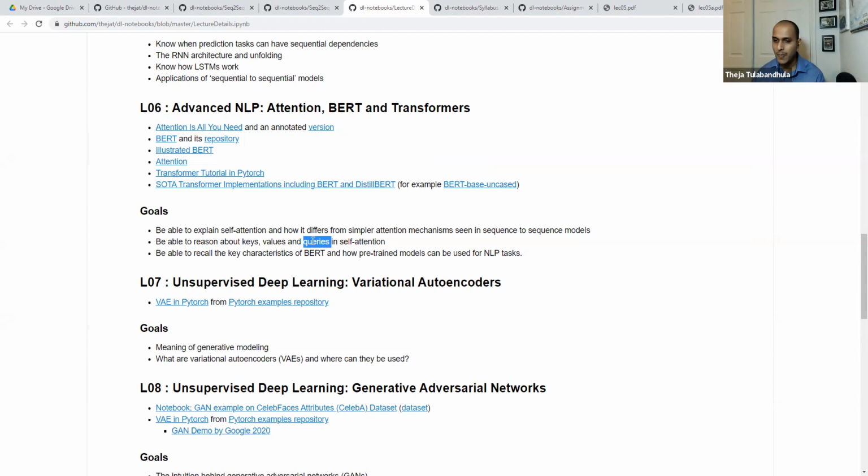Okay, and then we just want to recall there's a popular architecture called BERT. We just want to recall the key characteristics of that architecture and how pre-trained models can be used for NLP. We've already seen an instantiation of pre-trained models useful for NLP when we looked at Word2Vec and GloVe or any of these word embedding ideas, right?